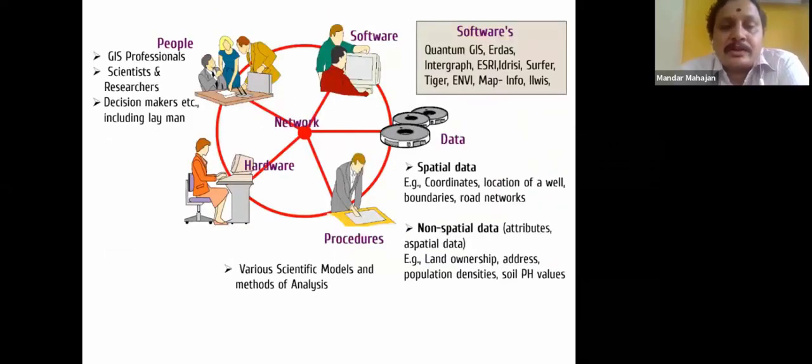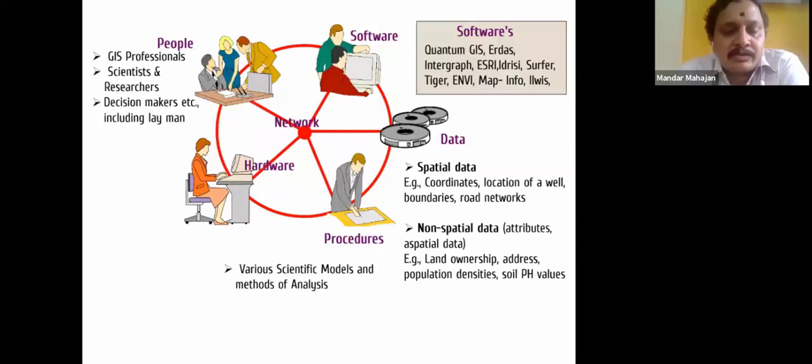Now, what are the different components of this GIS system? They all are associated with this. The very first thing is the data. Data, we call it spatial data or non-spatial data. We are also going to see in more detail what the spatial and non-spatial are. Then the procedures, various scientific models and the methods of analysis which come under these procedures.